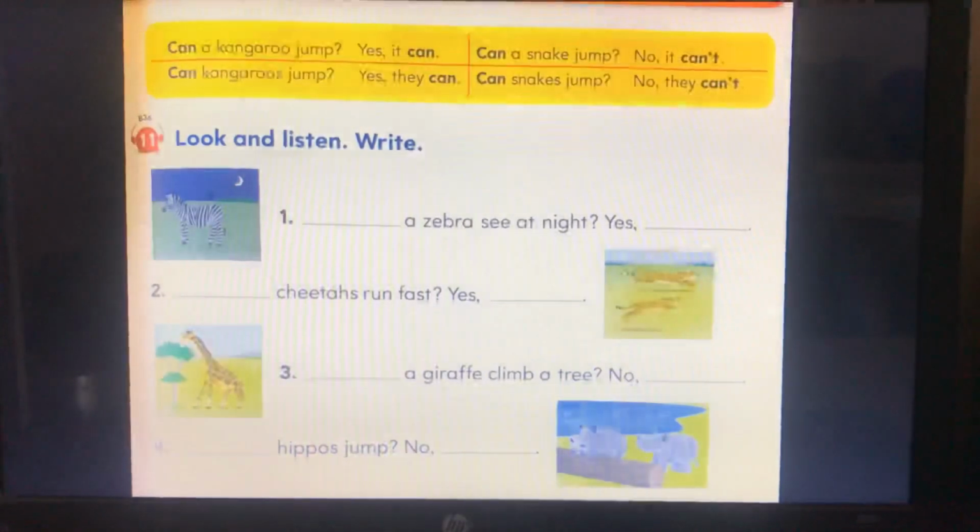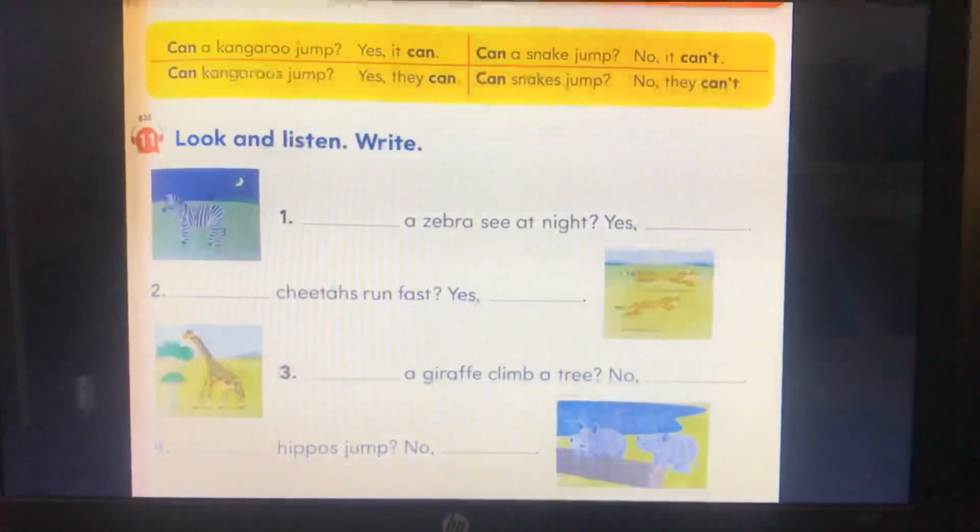Very good, guys. As you can see, number 2 is also positive. Even though this one is plural, it is also positive. So let's go ahead and read the sentence. Number 2. Can cheetahs run fast? Yes, they can. Very good, guys.